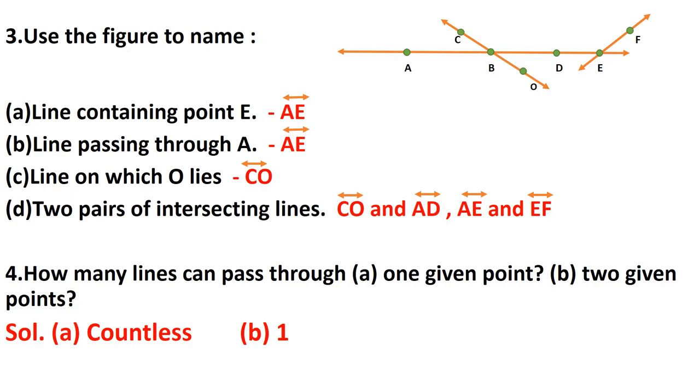Now with D: DA, DB, DC. If you write in this way, there is the least possibility of missing the name of any line. But the important thing is that you must make the line symbol above all of them.